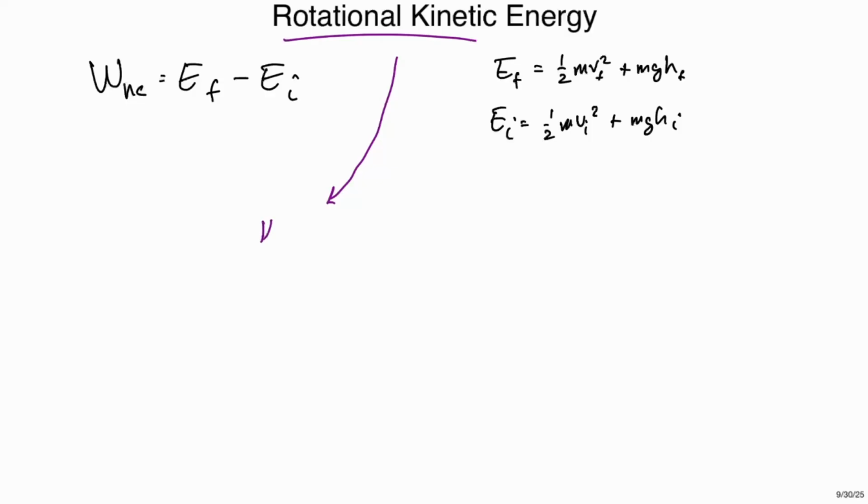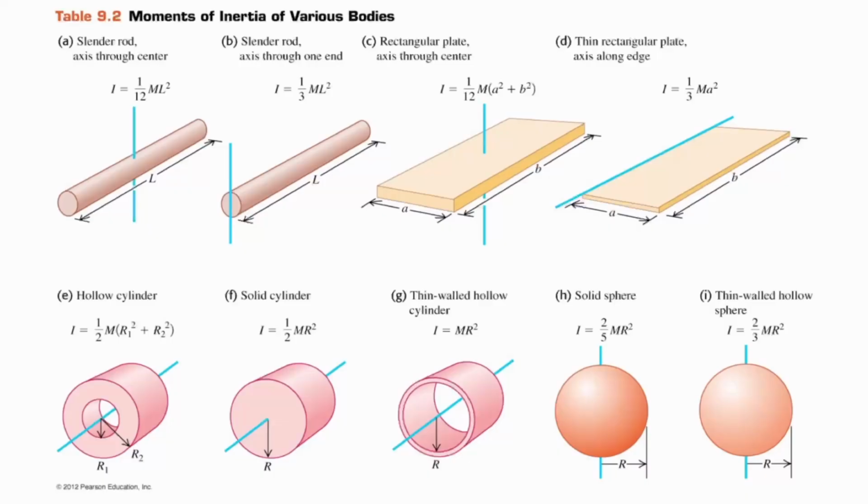Wouldn't it be nice if kinetic energy rotational could be written as, we just go Greek, 1/2, and then instead of mass, what's the rotational mass idea we talked about last time? It involved the table. Moment of inertia, this thing that rotating objects have, in different amounts depending on where their mass is and how they're rotating.